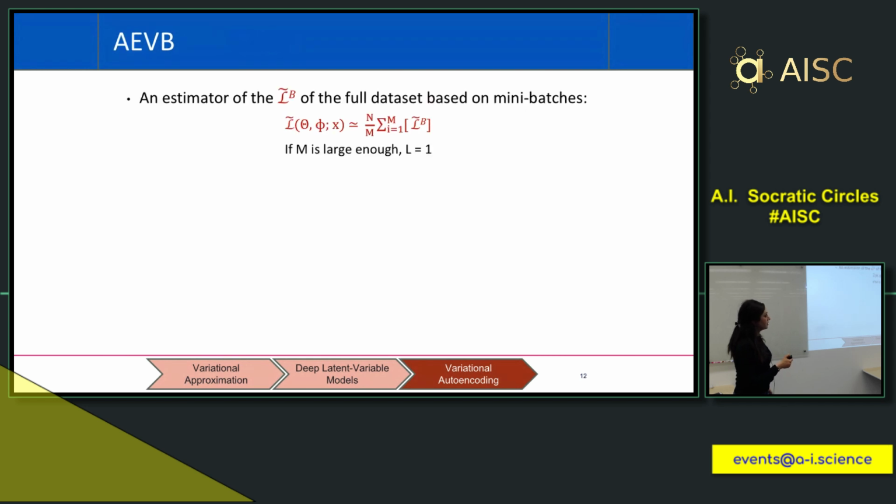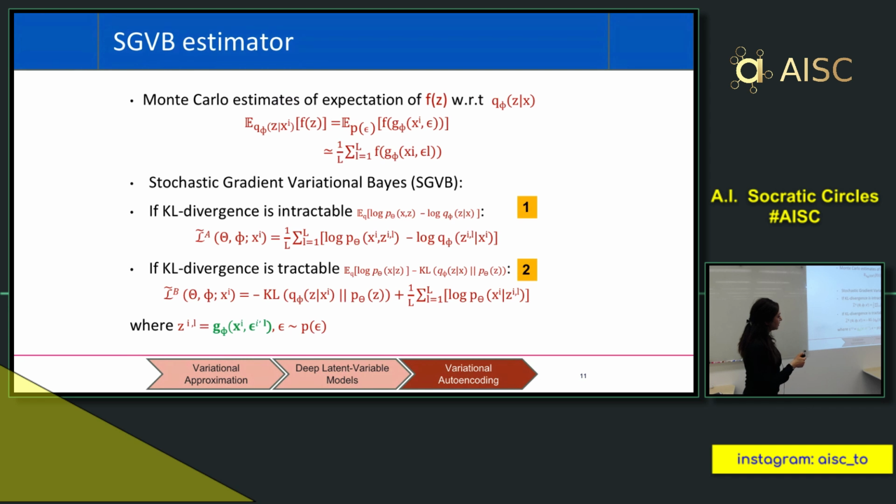But we're talking about big data, so we want the loss function for the entire data set, based on mini batches. And it says that if M is large enough, you can put L equal to 1. So you don't need to take 100 samples, because the data is big enough that you can learn about its complexity. What was L again? Sorry. L is the number of samples that you take for Monte Carlo.